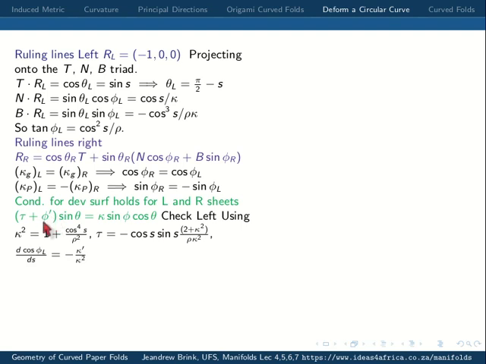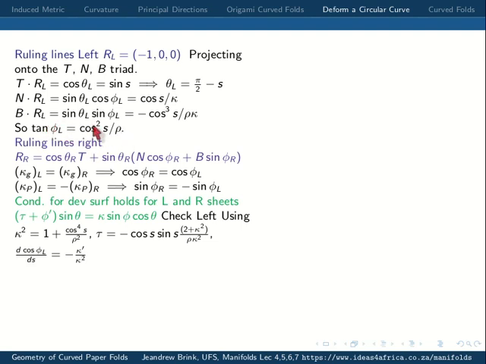To work out what phi prime is, I know that phi prime for the left hand side, I've got several expressions for it over here. I can either differentiate cos of phi L, or I can differentiate tan of phi L. In your problem set problem, there are reasons to differentiate this one rather.